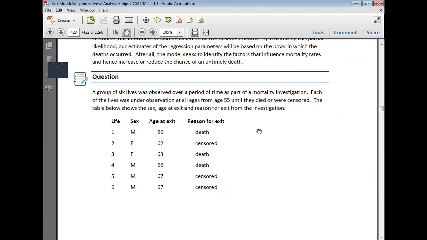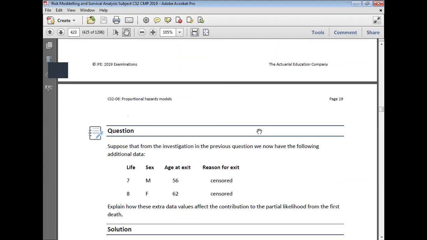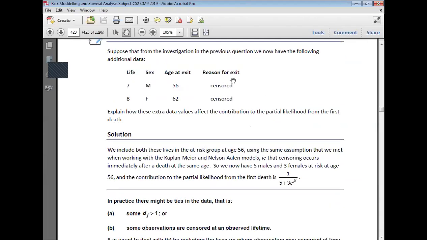So let us expand the example that we saw and add these two lives to it. Here we aren't assuming that someone dies, but if you see, the age at exit is 56, and the reason for exit is censored for life 7, which is again in the male category.